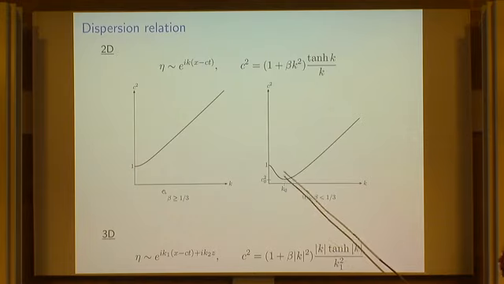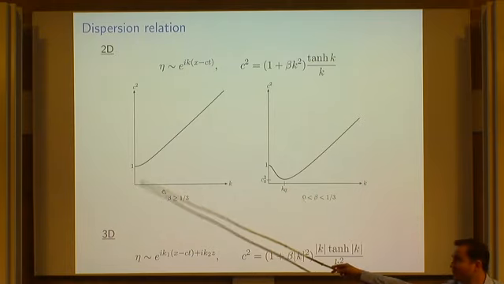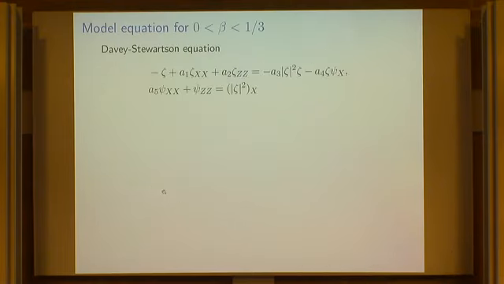This is where interesting things are happening, and you expect to get some oscillations in the solutions. And over here, you don't expect to see such oscillations because things will be concentrated near the origin in the frequency space.